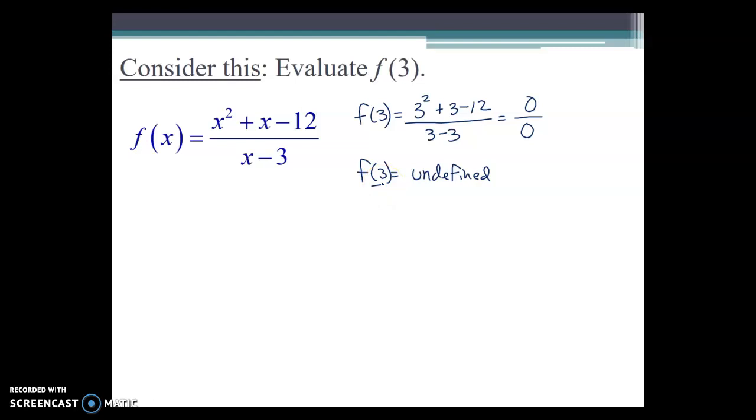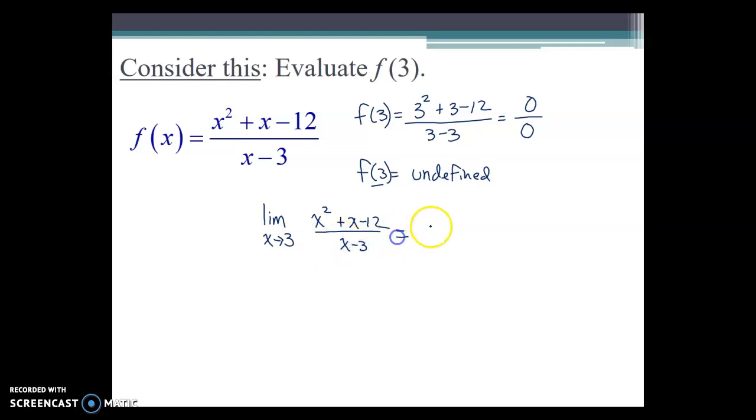But what we want to do is use this idea as a springboard. And we want to talk about, over the next few minutes, why even though the function is undefined when x is equal to 3, this function actually has a limit as x approaches 3.